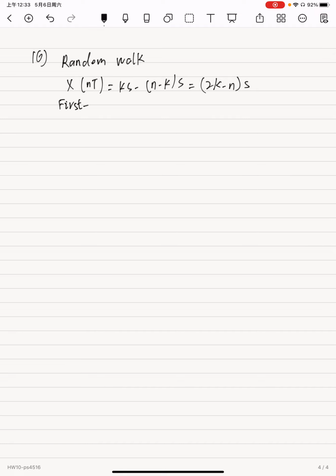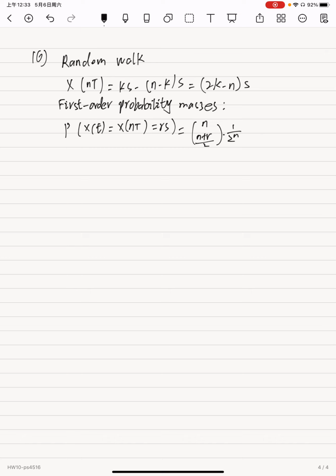And the first order probability mass is the probability of X(t) equals X(nT), which equals r s, and is given by the binomial probability with (n plus r) divided by 2 heads, for nT less than or equal to t less than (n plus 1) multiplied by T. And the mean E[X(t)] equals 0.